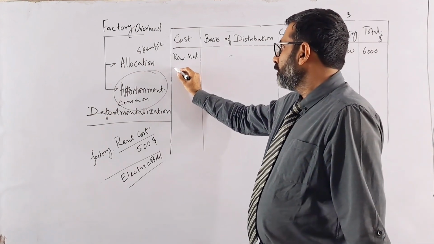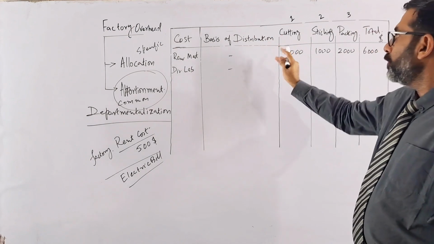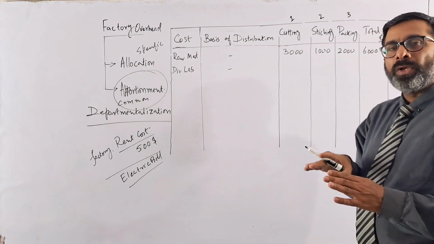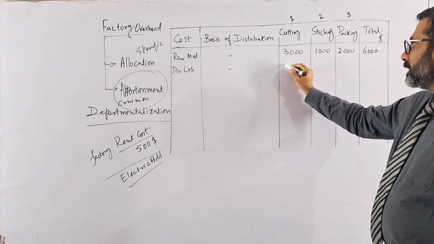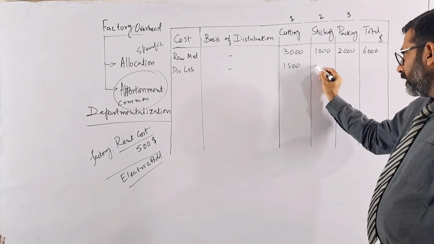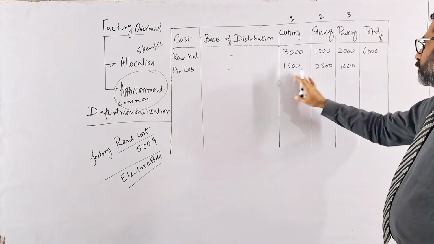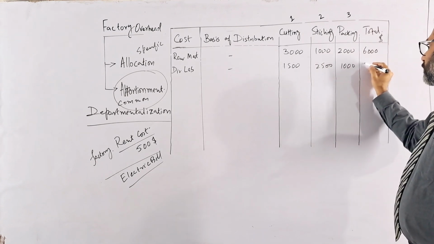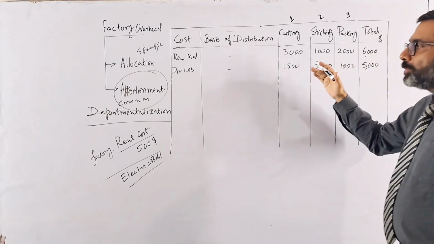In the same way, we have direct labor. Again, no need to distribute it because we know which worker is working in which department. We just assume this is 1,500, this is 2,500, and this is 1,000. So it is almost 5,000. Again, no need to distribute that.